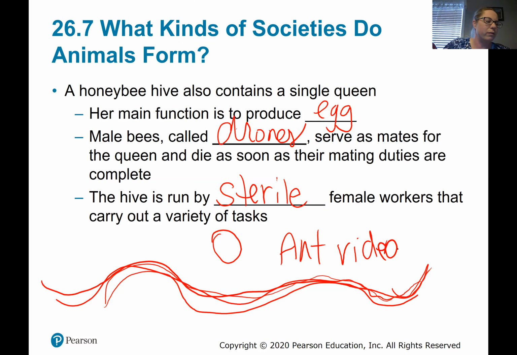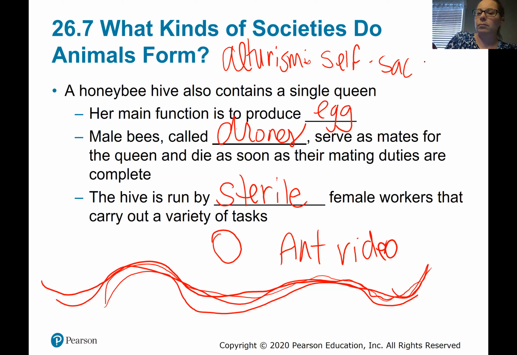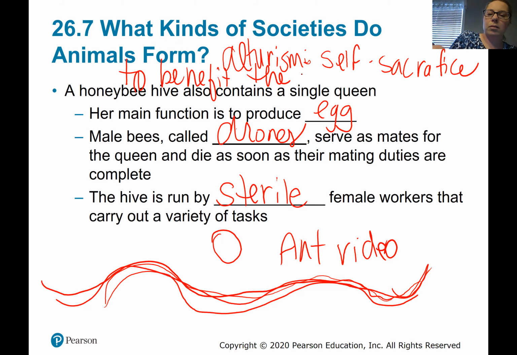One thing before I leave you is I wanted to give you one more definition. It's called altruism, and that's where, like our sentinel prairie dog that we were talking about, they basically self-sacrifice for the good of the colony, to benefit the larger group.